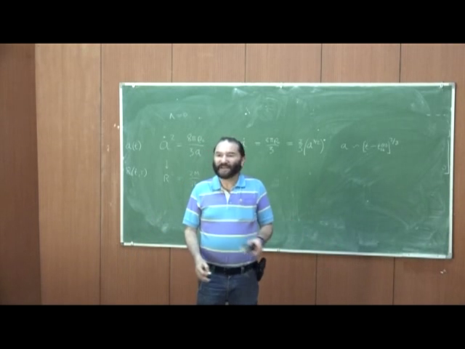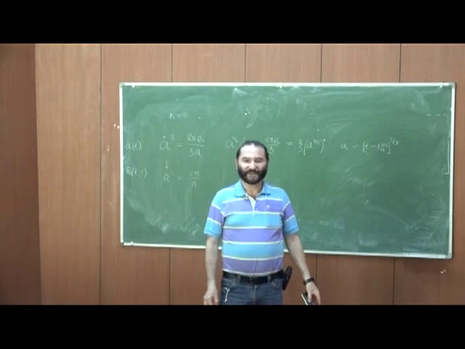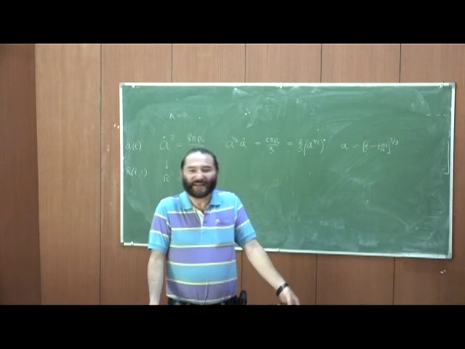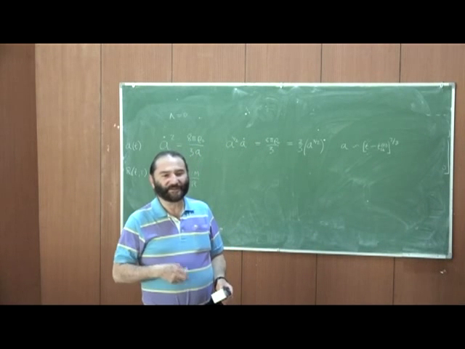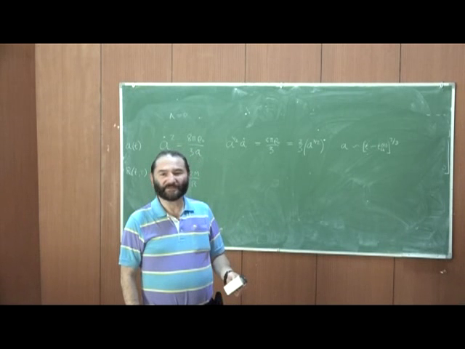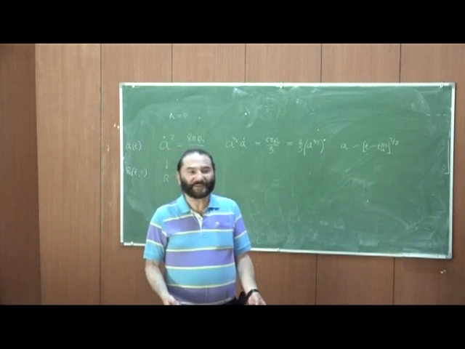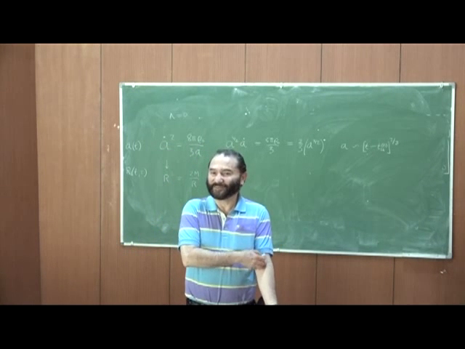It cannot be otherwise because it's an ordinary differential equation. So the Big Bang time cannot depend on radius. If you are working with an ordinary differential equation and the independent variable is t, then your constants cannot depend on r. They have to be constants.